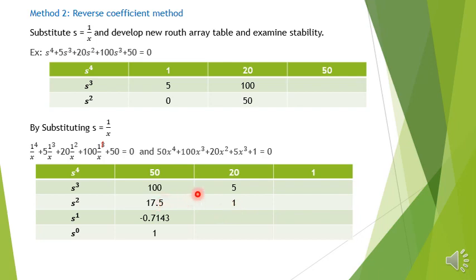Then 17.5 into 5 minus 100 divided by 17.5 is minus 0.7143, and S0 is 1. So the system is unstable because there is a sign change in the first column, and two poles are on the right half of the plane because there are two sign changes, positive to negative, negative to positive.